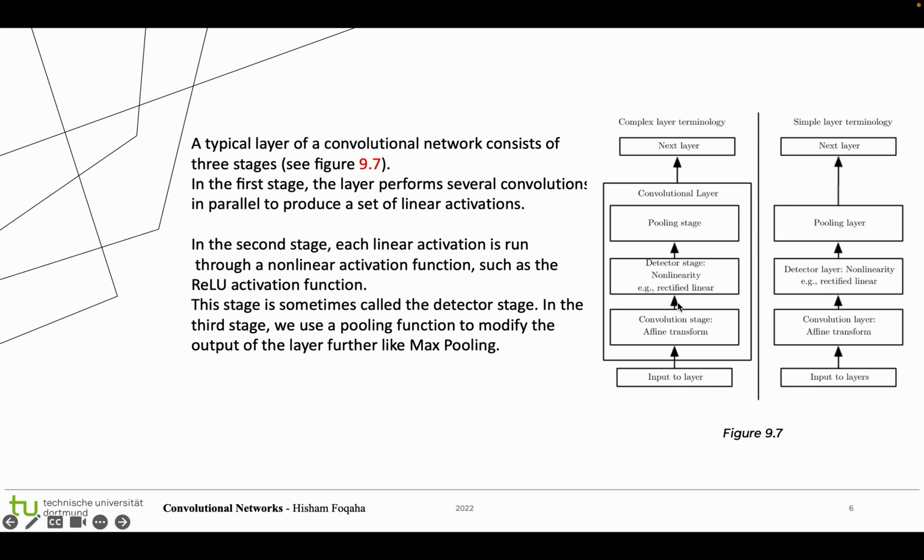In the second stage, each linear activation is run through a nonlinear activation function, such as ReLU. This stage is sometimes called the detector stage. In the third stage, we use a pooling function to modify the output of the layer, for example max or min pooling.